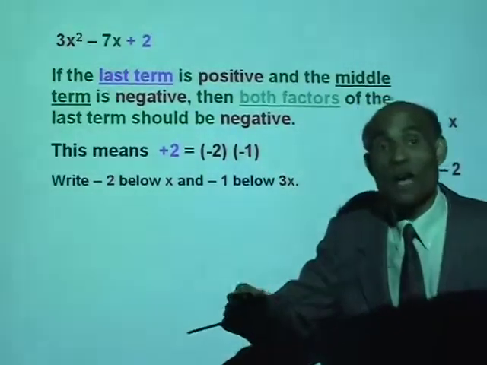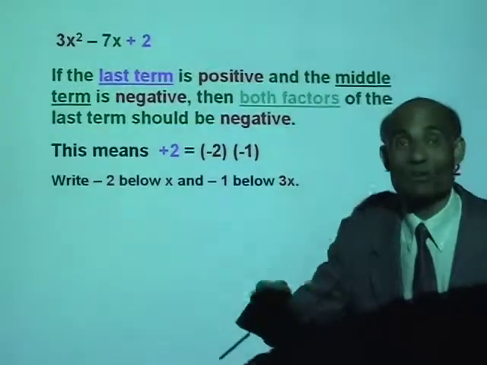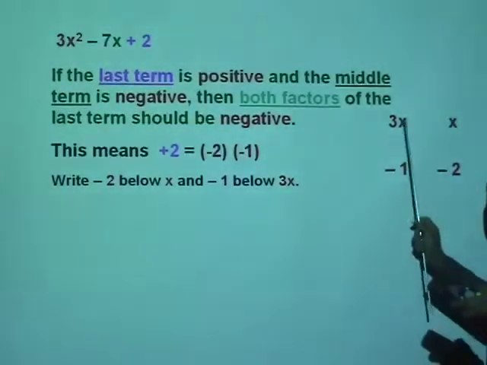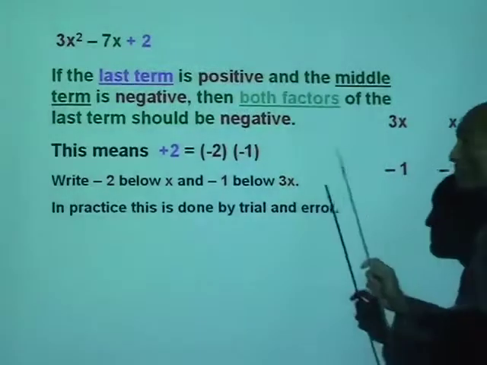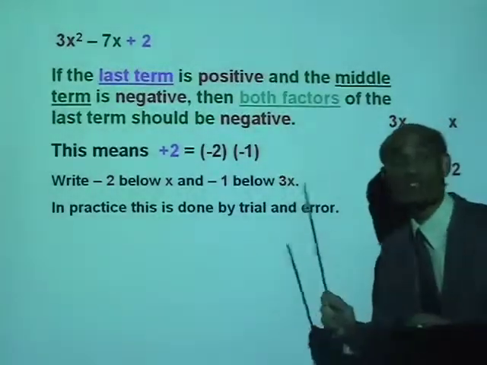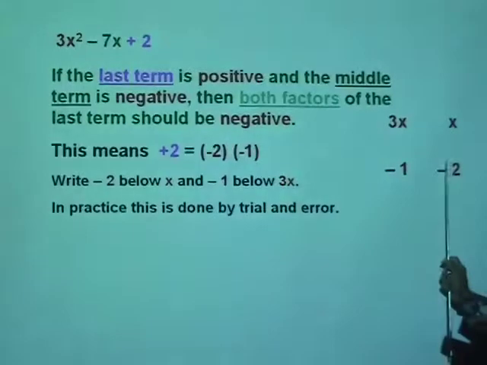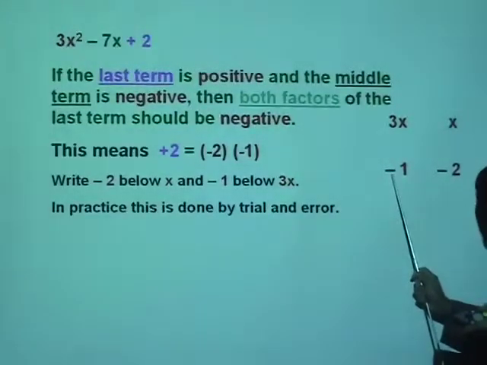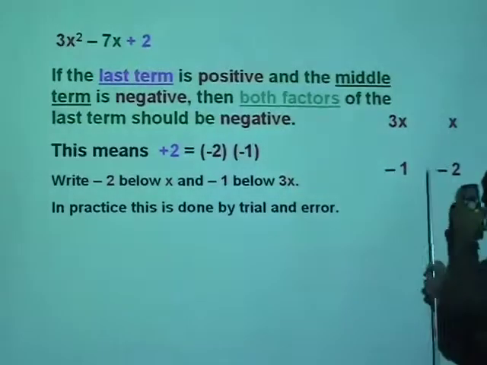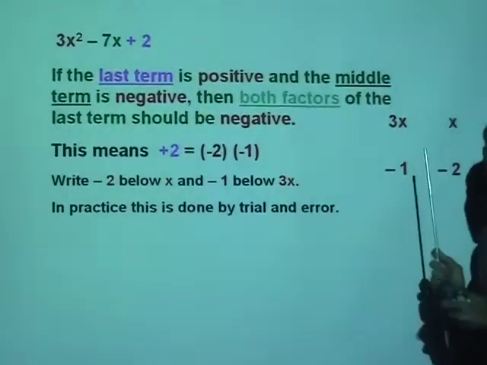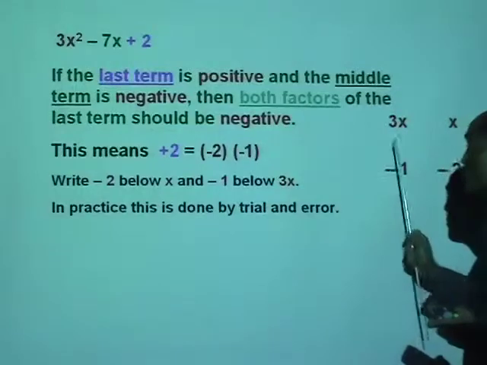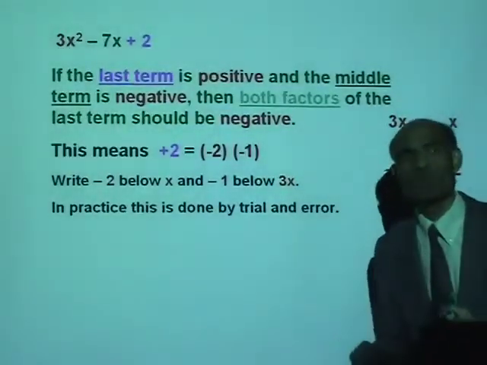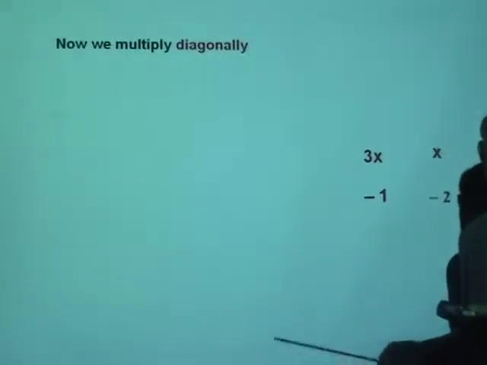This can be done only by trial and error, and that is the reason why I want you to practice this diagram method. In other words, how do you know if this negative 2 is not written here? You see, the position can change. Well, we're going to talk about this and develop this method. So pay attention very carefully and learn it.